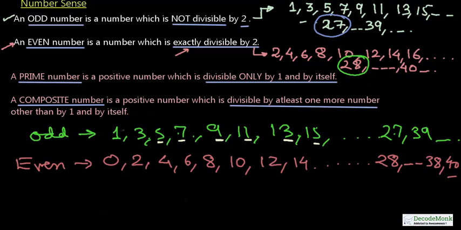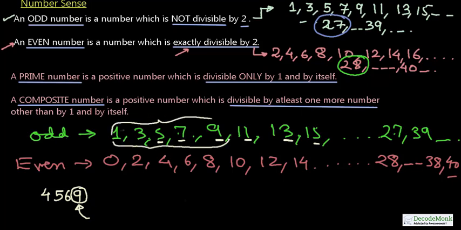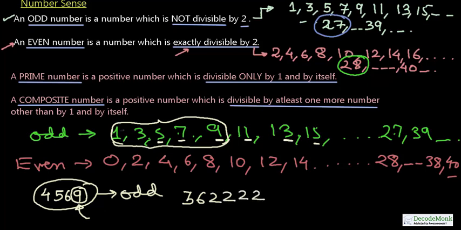Suppose I give you a number 4569. Now if I ask you whether this is an odd or even number, you just have to look into the unit place. If the unit place contains either of these digits 1, 3, 5, 7 or 9, that whole number is an odd number. Suppose I give you some other number, say 36222225.